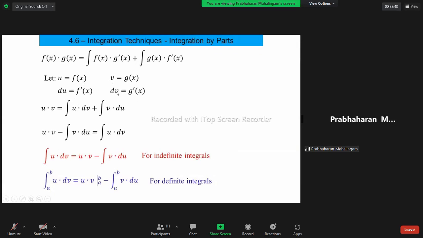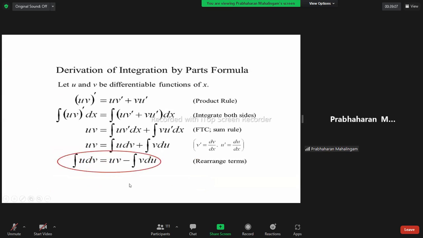After the differentiation, we will put dv. dv is the differentiation of the v function, du of the u function. So uv equals these two integrals. Take one side u into dv, so the other side should be minus. If you put the upper limit and lower limit, it should be a definite integral, right?